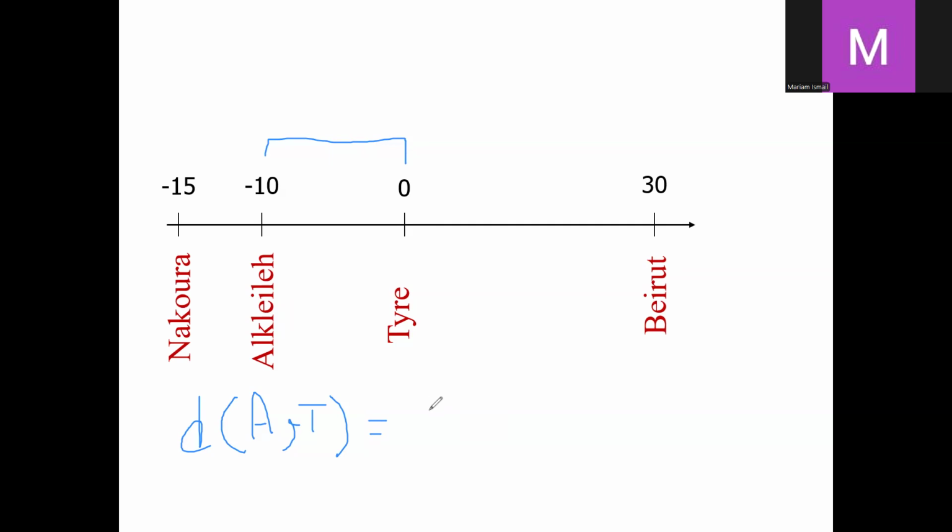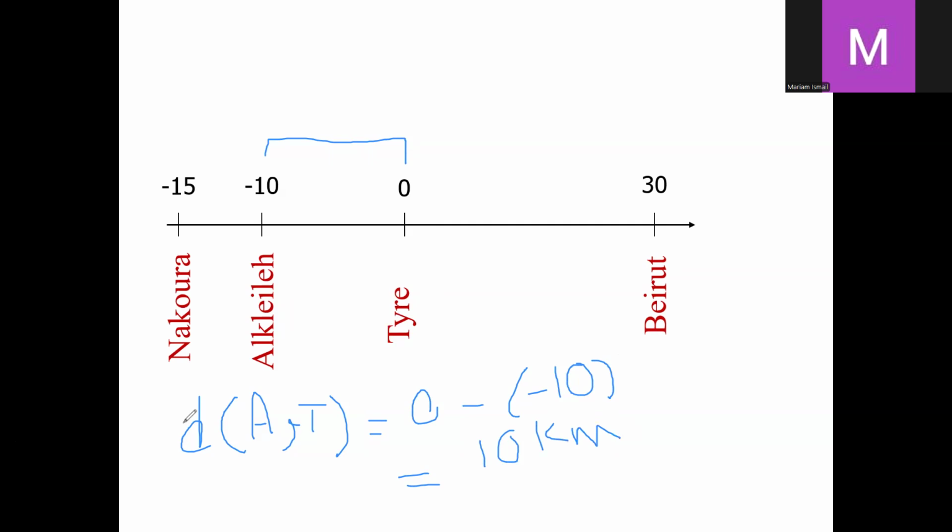I have to subtract 0 minus 10. It will be plus 10, meaning 10 kilometers, for example. So the distance between Layli and the origin, or Tyre, is 10 kilometers.